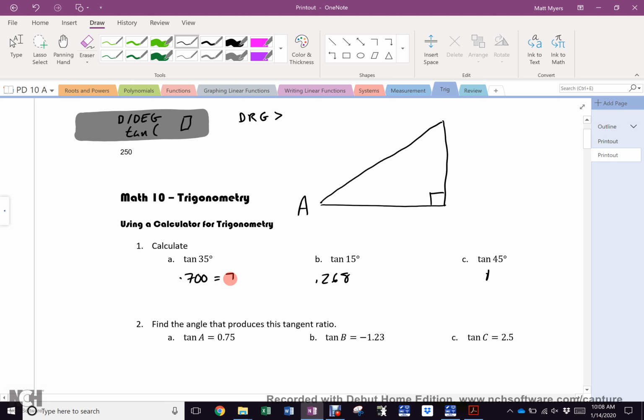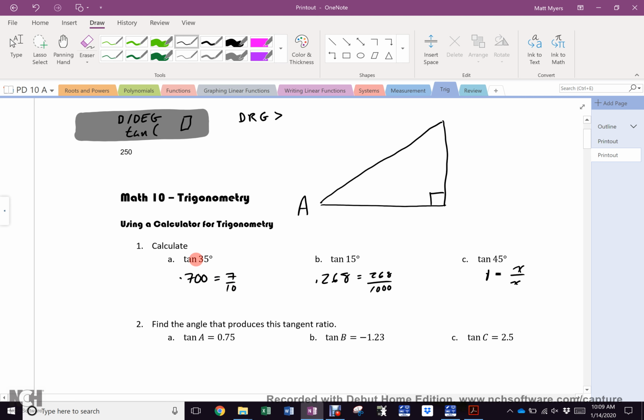That would be 7 over 10, yes? What would this be as a fraction? 268 over 1,000. This would be any number over the same number, yes? This decimal is actually a fraction, right? And a fraction is actually a ratio, okay?